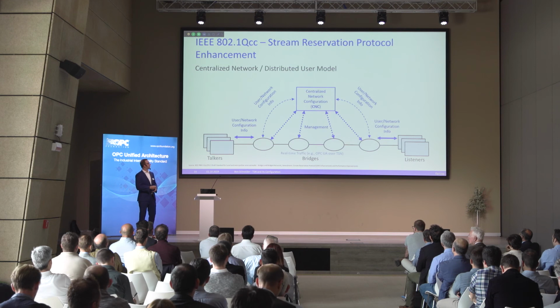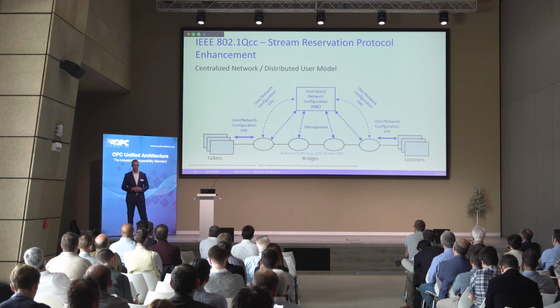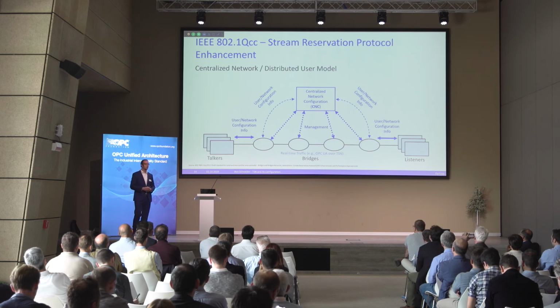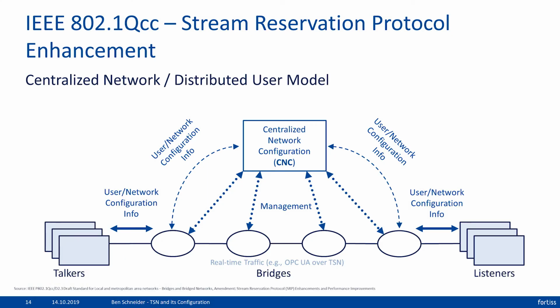And the third approach is a very interesting one because it combines the advantages of the other two approaches. It is the centralized network, meaning we have a CNC, and the distributed user model, meaning the requirements do not come from any centralized entity, but are directly gathered from the talkers and listeners.